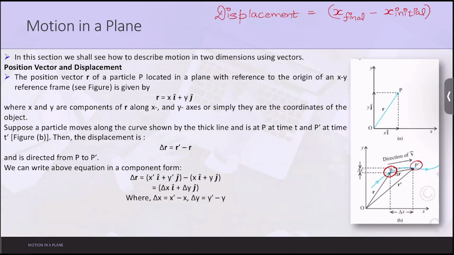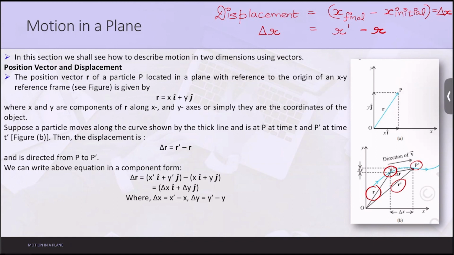Now here, because we are understanding this in terms of position vector, the displacement delta r can also be written as delta x, correct? So this delta r is nothing but equal to the final value, that is r dash, because we are not writing here in terms of 2 and 1, we are writing in terms of P dash and P, so we can denote the position vector of P dash by r dash. It can be seen here also, this is that position P dash, r dash, and for P we can write this as r, so this is nothing but r dash minus r.